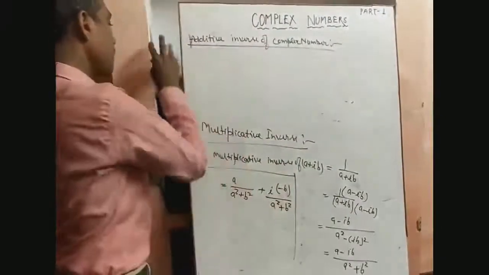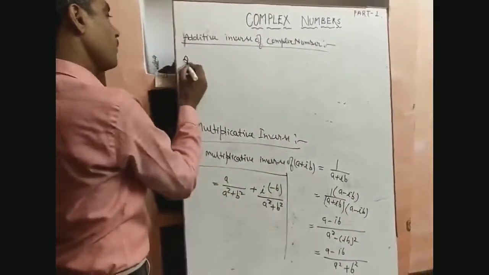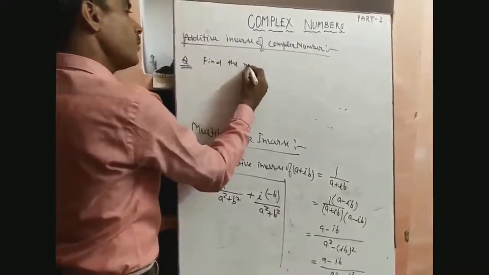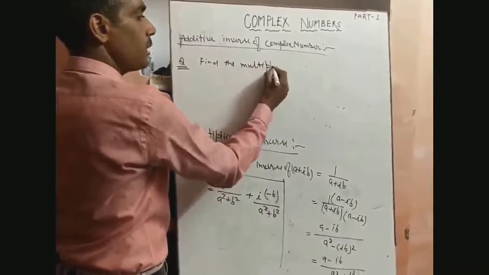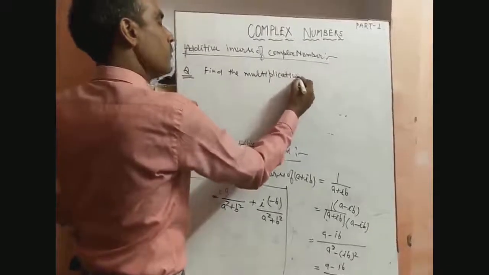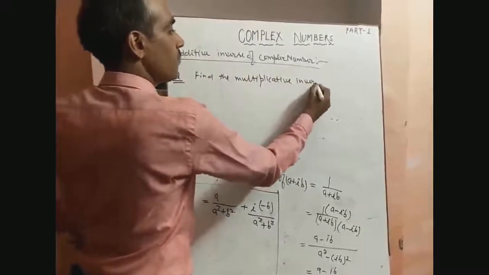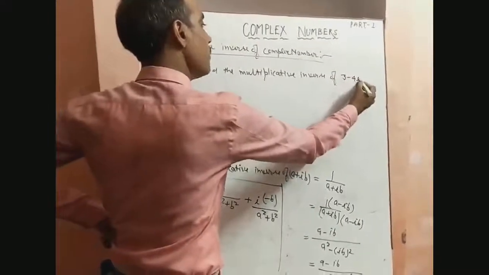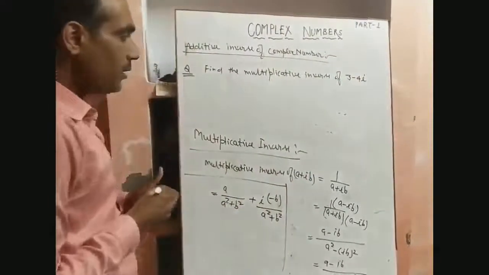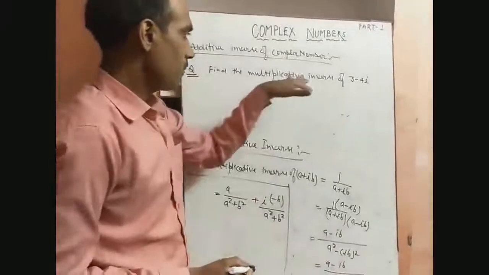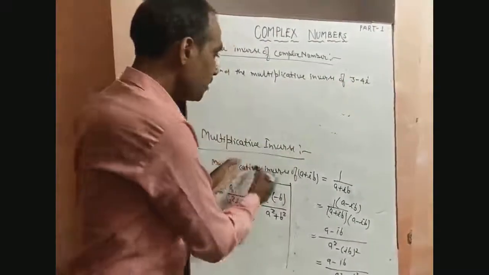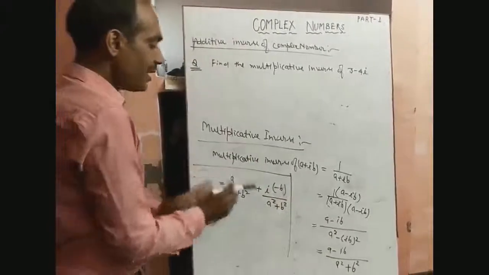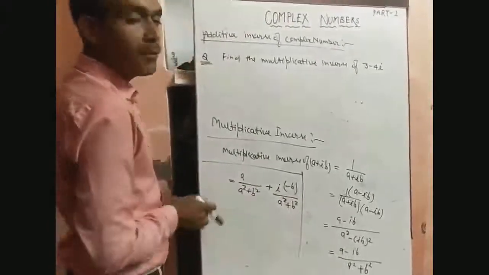Let us take a question. Find the multiplicative inverse of 3 minus 4i. Then you can find the inverse by this process, and you can also use this direct formula.